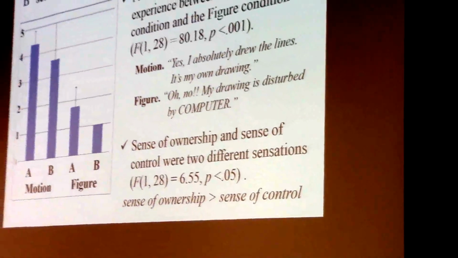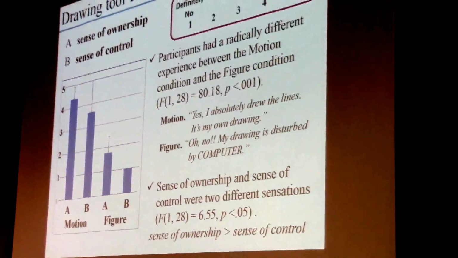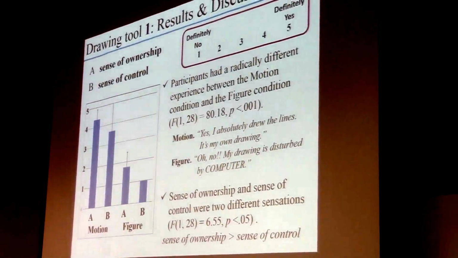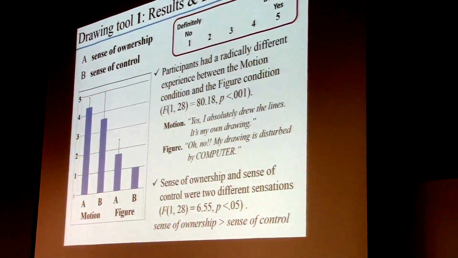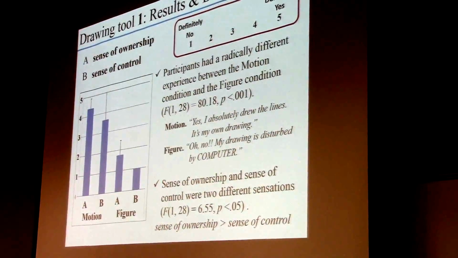So we conducted questionnaire survey after each performance. 2 types of question, A and B, were asked. Question A was about the sense of ownership. Did you feel the result of your movement as your own? How strong?